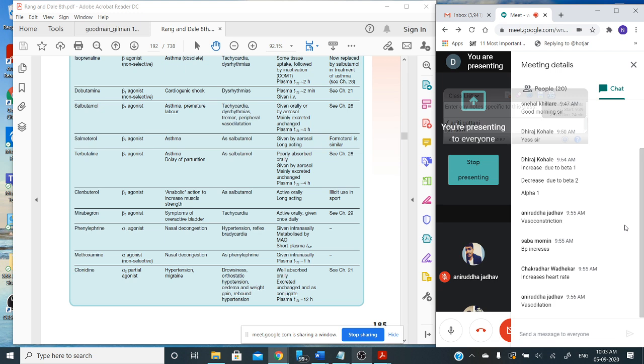Reserpine will cause a decrease in blood pressure because it shows all sympatholytic actions, as it does not allow noradrenaline to be released. If noradrenaline is not released, there is a decrease in heart rate and a decrease in force of contraction of the heart, and all the actions we have seen with adrenergic mechanisms are lost.